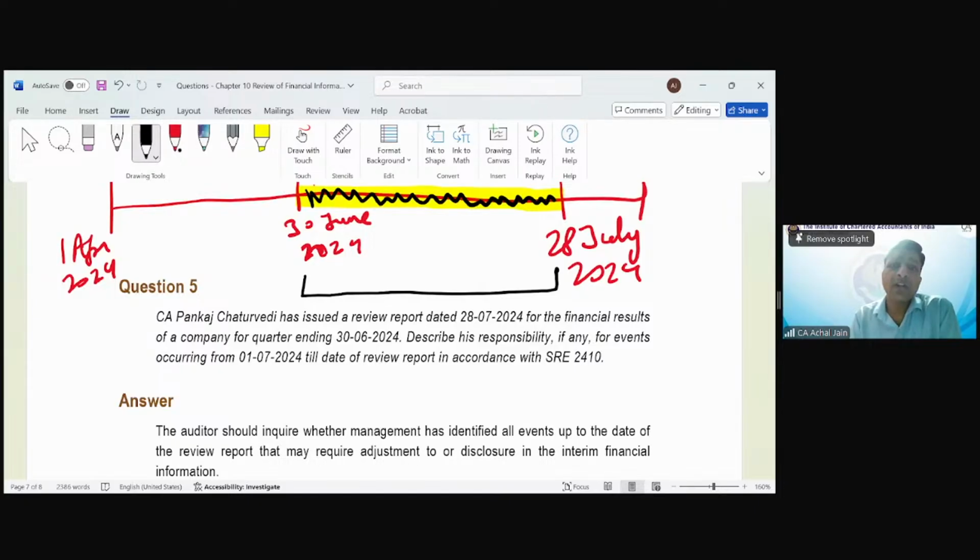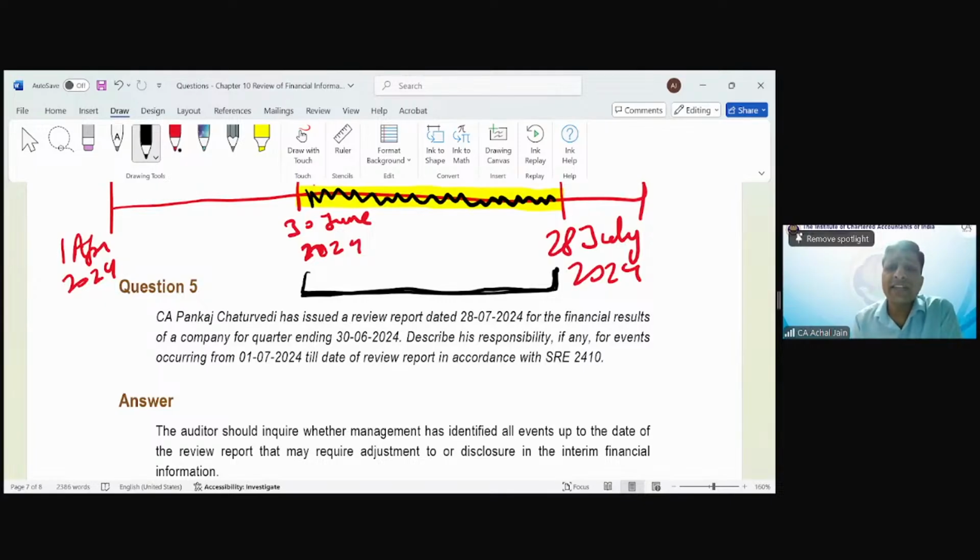Now, as an auditor, when you are doing the review, you need to ensure that the accounting standard has been complied with. So how do you do that? You will have to perform some procedures even on the period which is after the reporting date. That is what you do in case of audit as well.